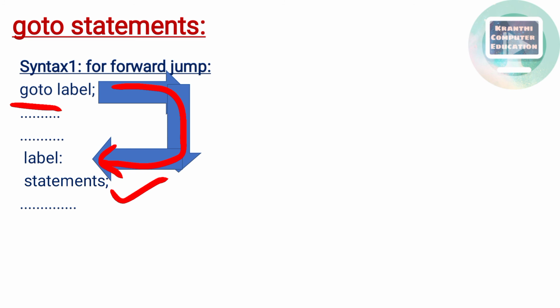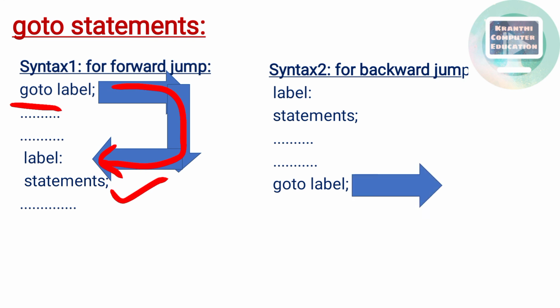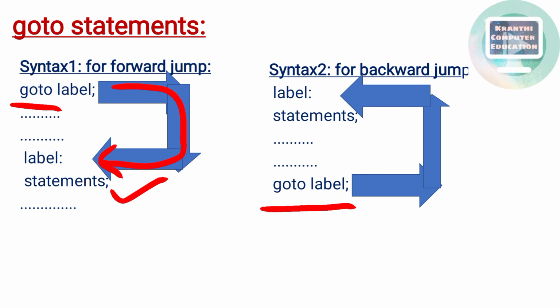Next we will see the backward jump. Syntax 2 is used to represent a backward jump: label: some statements; and then goto label. From the goto label statement, the control is transferred to the label statement. In the backward jump, the goto statement is written after the label.